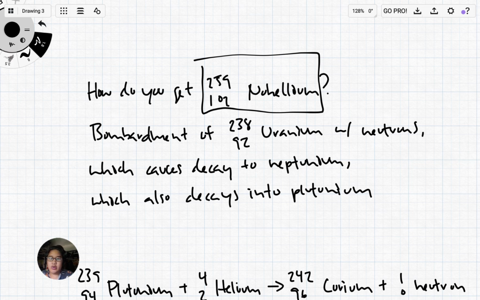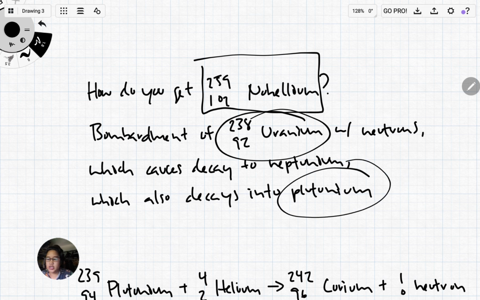But what I learned was that the bombardment of 238/92 uranium, which is the normal uranium, the abundant one, with neutrons, causes decay of the uranium into neptunium. And this neptunium then also decays into plutonium. So you can use the abundant form of uranium to get to plutonium.